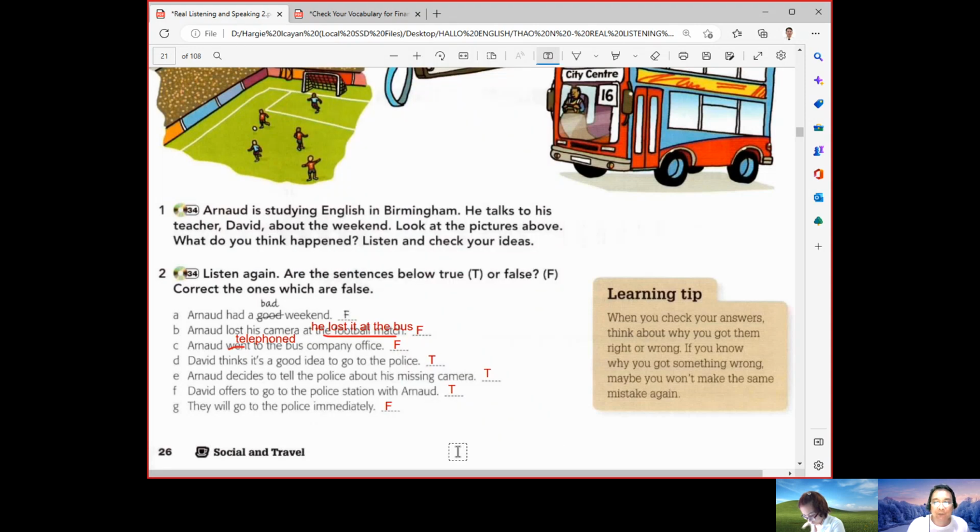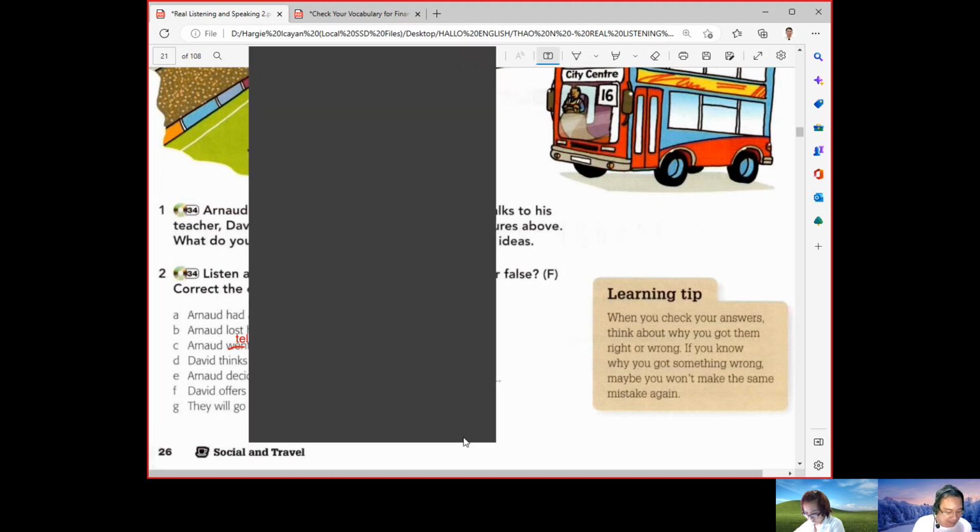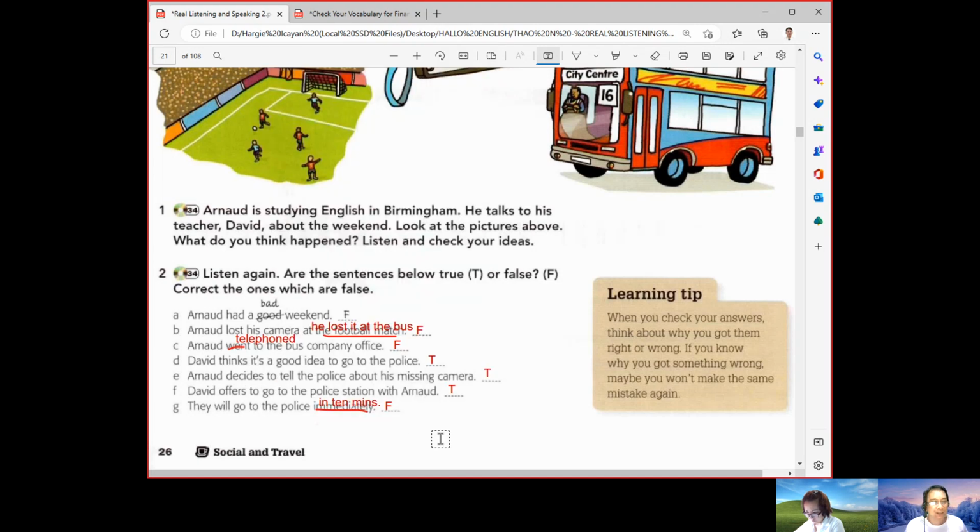Why does it make it false? Because they will go to the police in 10 minutes. So not immediately. In 10 minutes. So that makes it false.